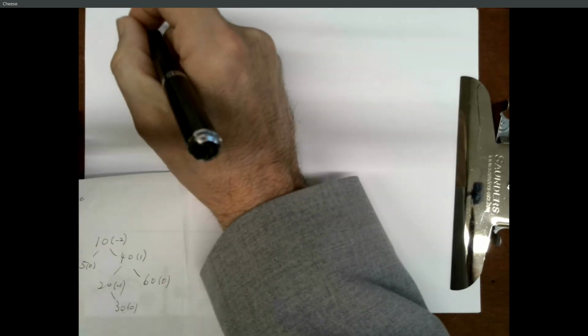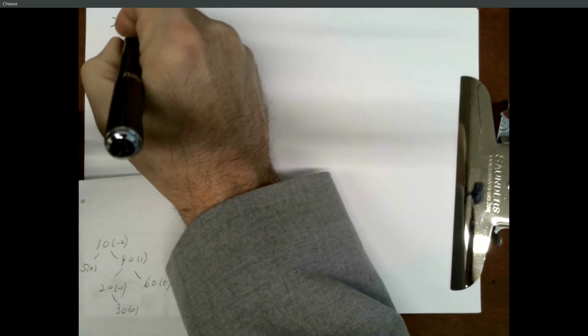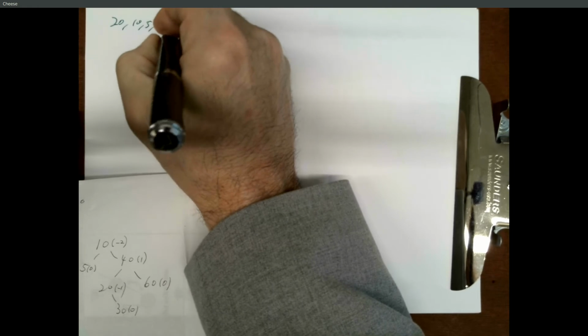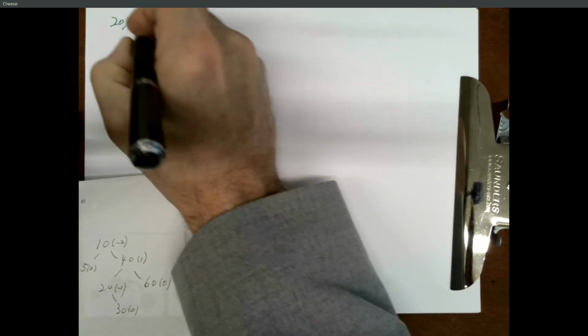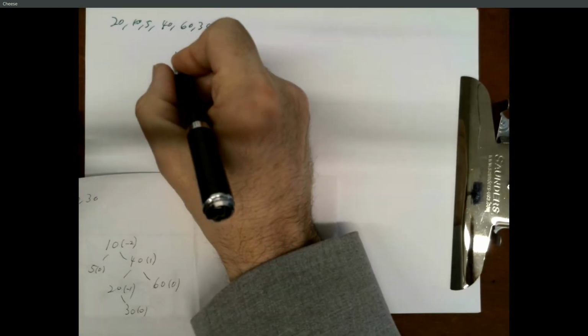So let me draw a picture of the tree that most people got to yesterday. And so we had inserted the following nodes, and your tree probably looked like this.